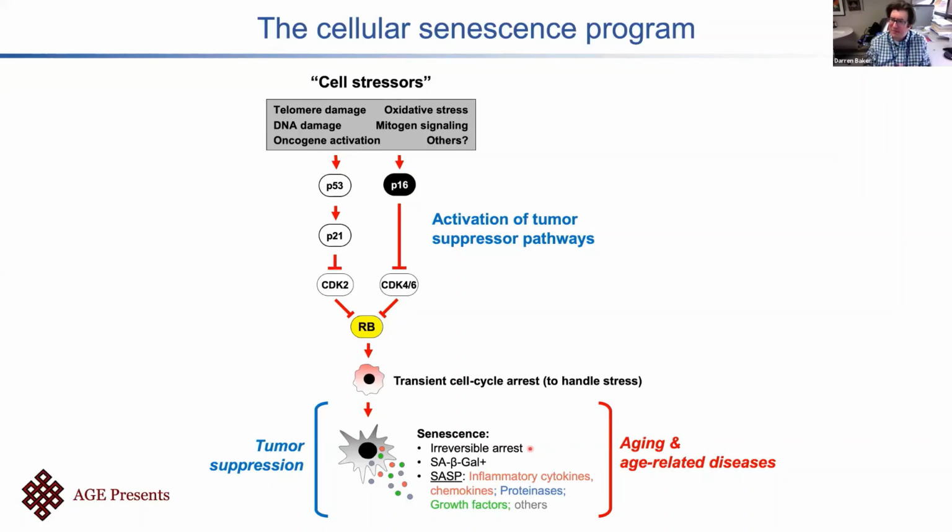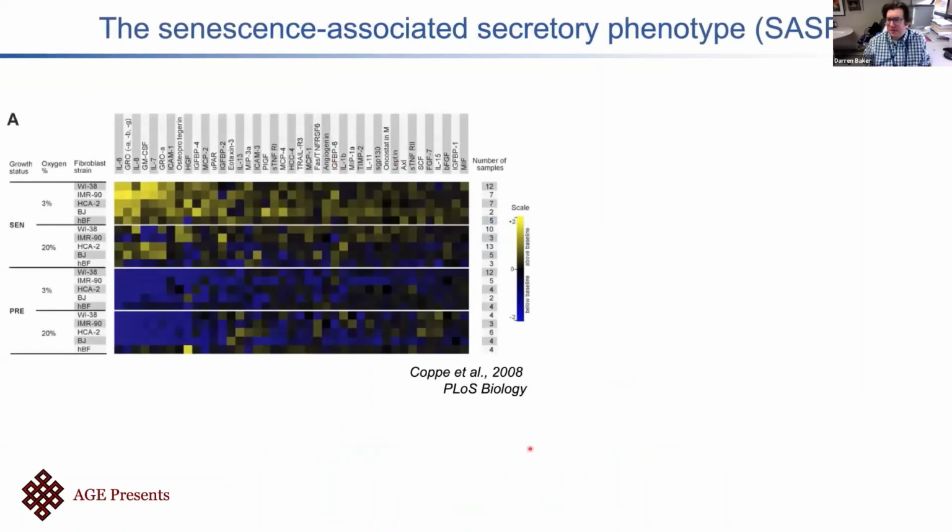So in a way, that's a very potent tumor suppressive function. But what we think is that this comes then at the consequence of driving aging and other age-related diseases. The idea about the senescence-associated secretory phenotype is also not that old. So this is some work from about 12 years ago, again from Dr.